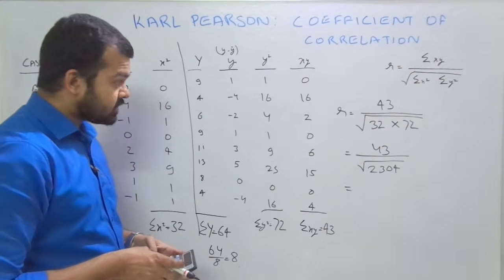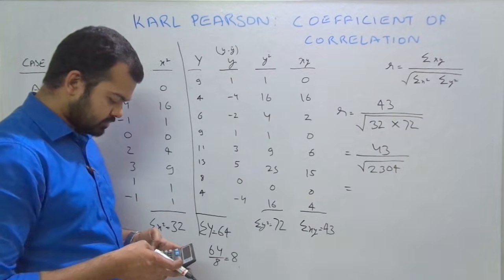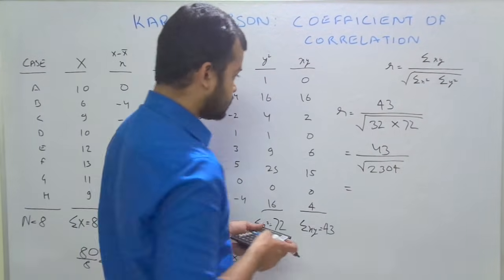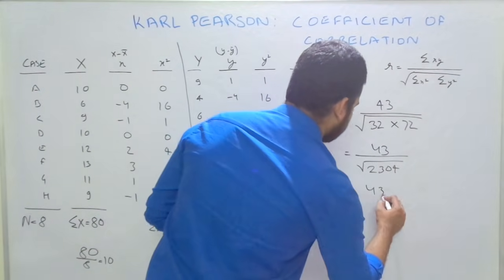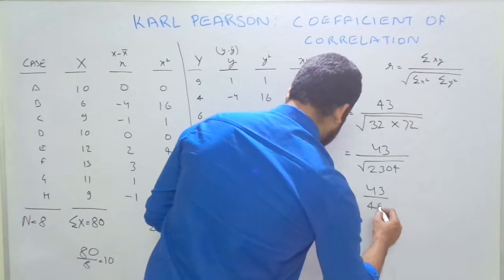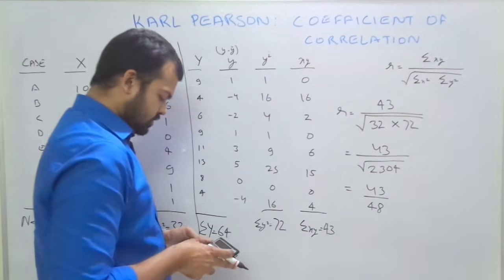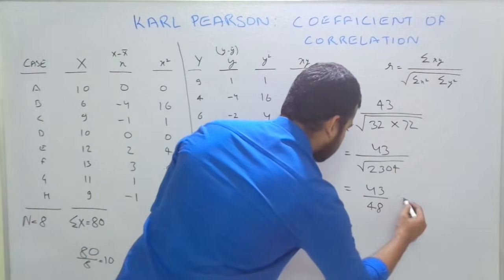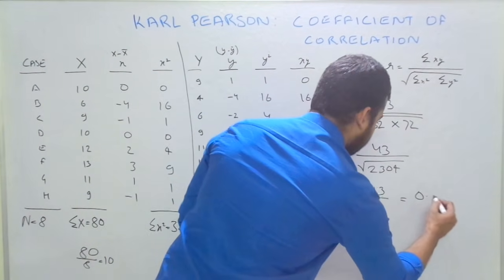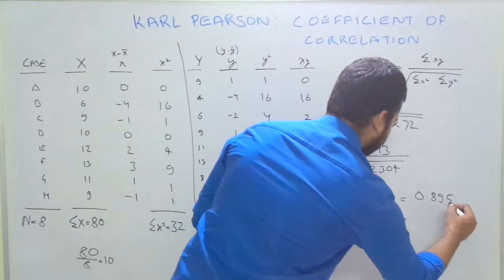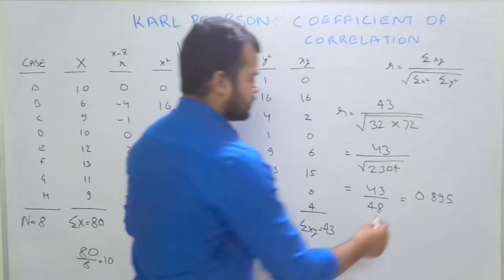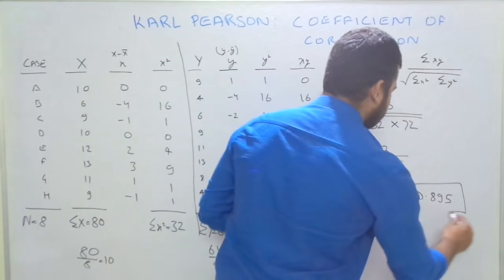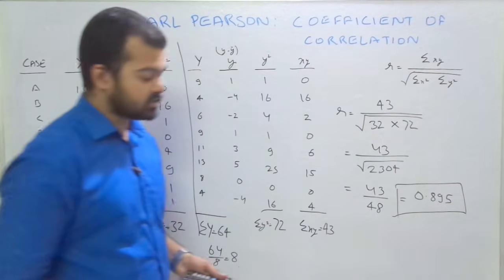Again we have to obtain the under root of this, so 43 divided by 48. You will get the answer as 0.895. So this is your final answer. 0.895 is your final answer.